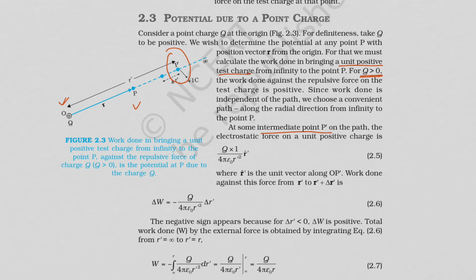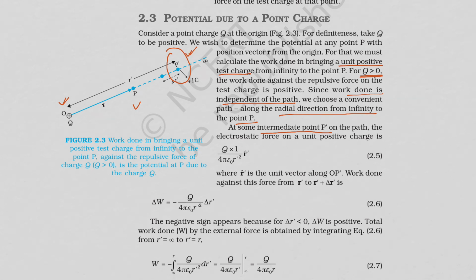The best way to bring that charge from infinity to the point P dash or P is along the radial direction, in a straight line. The path is not important, because work done is independent of the path, but a convenient way is to go through the radial direction.